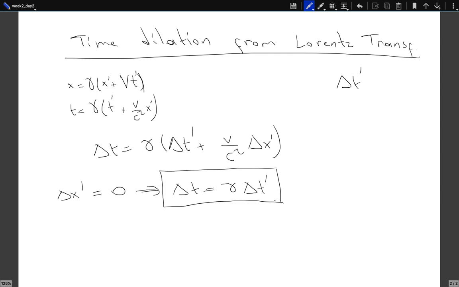In this one, the crucial thing was delta x prime should be 0. The time dilation basically refers to the time passing in a clock that is fixed in the other reference frame, and compares it with the time passing in a reference frame in which the clock is moving.